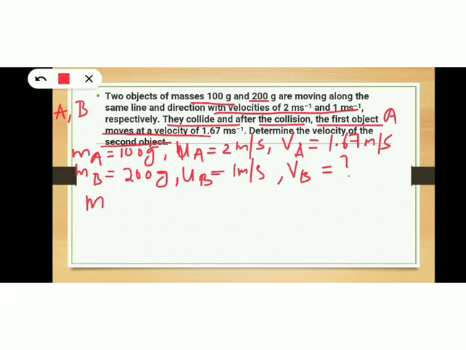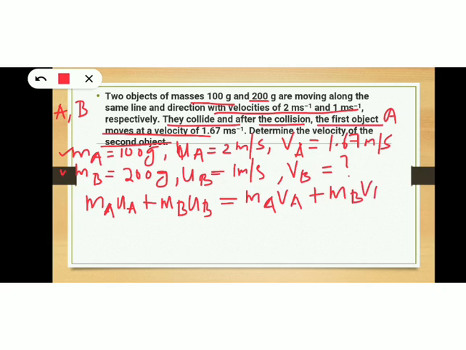So initial momentum of A plus initial momentum of B. That means initial momentum of A is MA UA plus initial momentum of B is MB UB equal to total momentum after collision. Total momentum after collision is final momentum of A plus final momentum of B. What is final momentum of A? It is MA VA. Final momentum of B is MB VB.